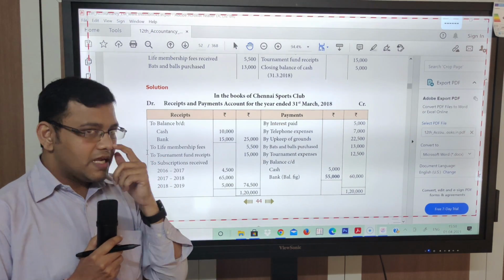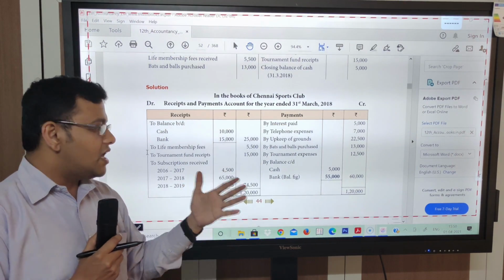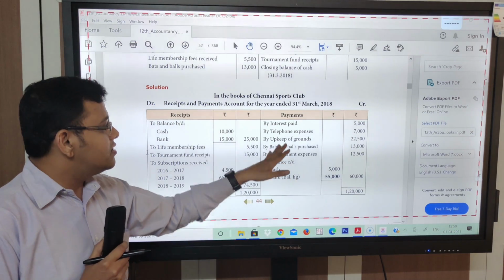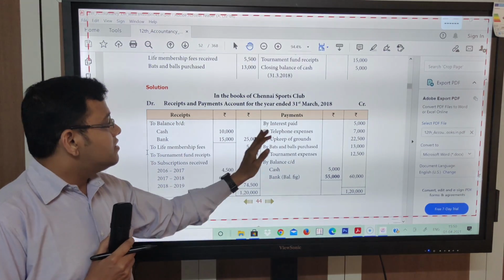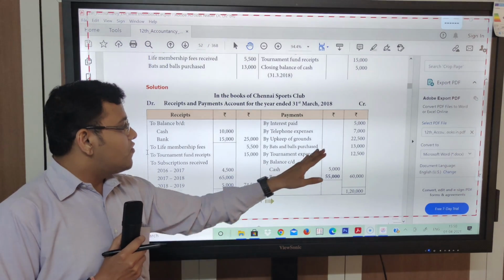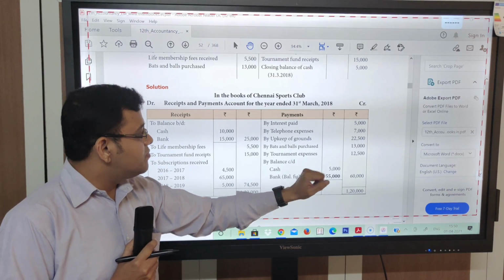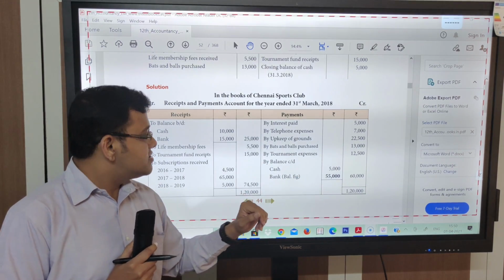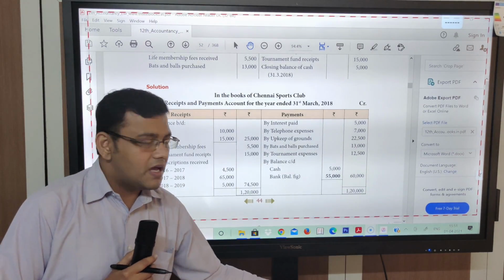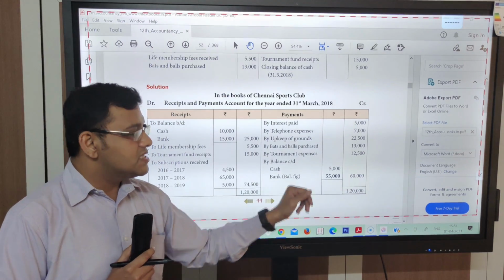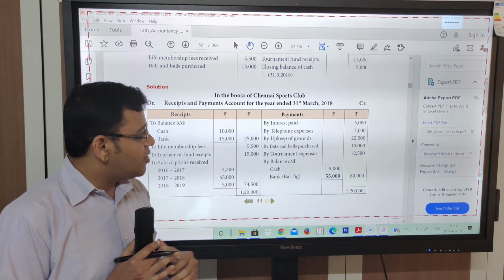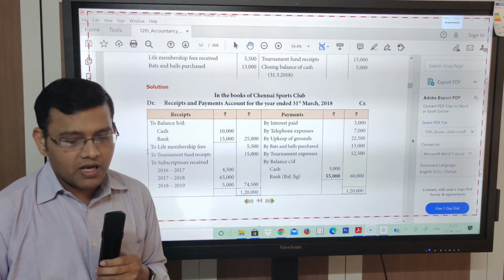And on the payment side, whatever payments you made through cash or bank, we will mention over here. So the interest paid, telephone expenses, upkeep of the ground, these are spent by the sports club. Then the bat and ball purchase, the tournament expenses, and you finally have the closing balance of cash, and the balancing figure of bank will be arrived at through this problem, and this is how your receipts and payments account will be done.